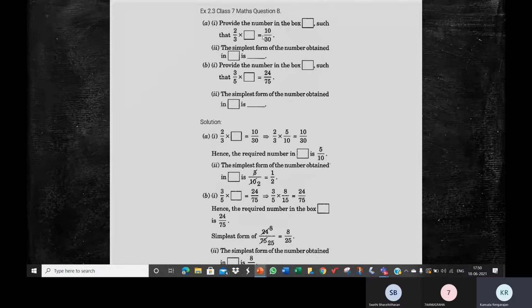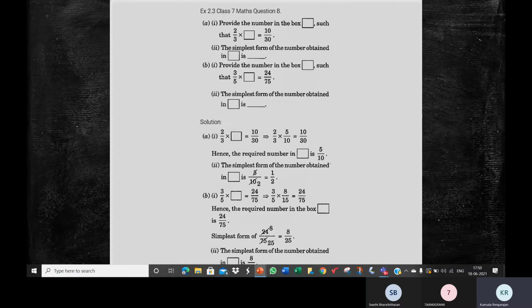We are not writing equivalent fractions here, children, not to get confused with that. See, when we use the concept of LCM and all that, we are writing an equivalent fraction. Whatever you multiply in the denominator, the same thing should be multiplied in the numerator. This is not that one.